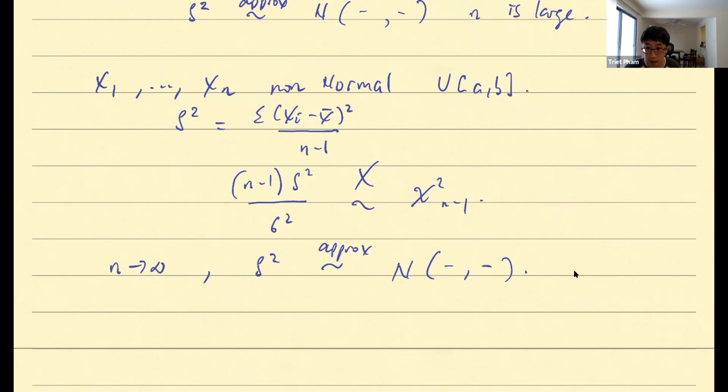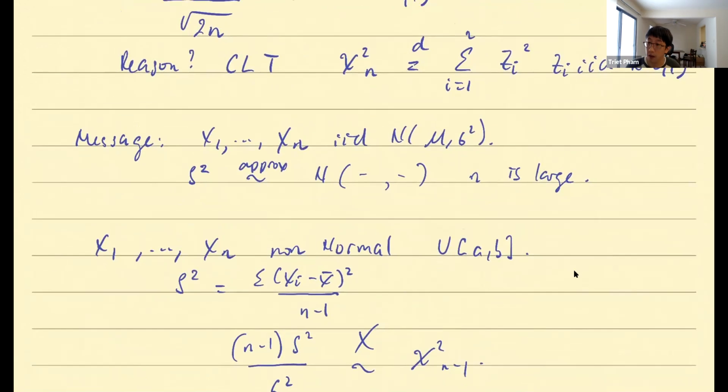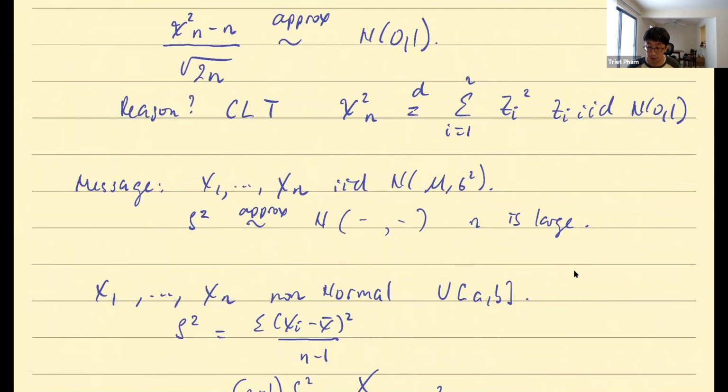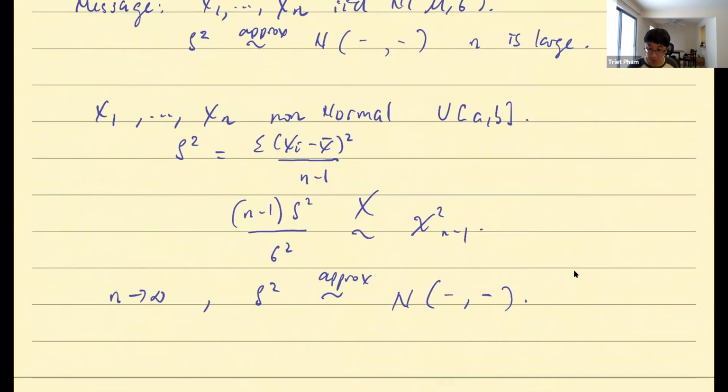We don't use this so much in our class in terms of exercises, homework, or exam questions. But I do think you should be aware of this because not everything in life is about the normal distribution. Any questions about these things?